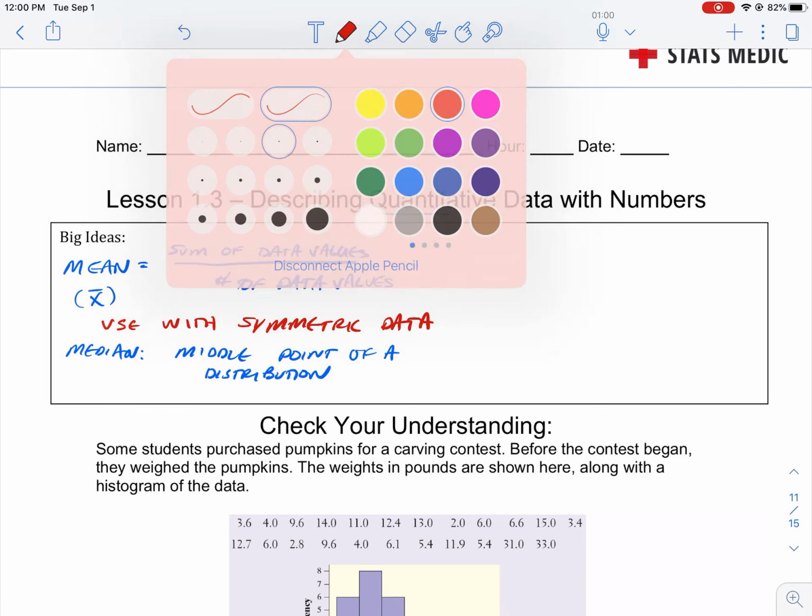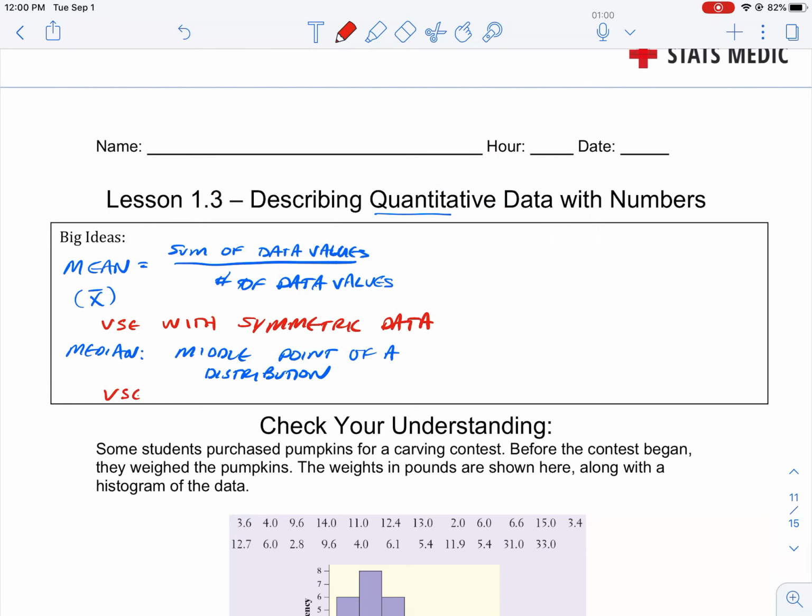And this measurement we want to use with skewed data, because it's not affected by outliers the way that the mean would be. That's mean and median.